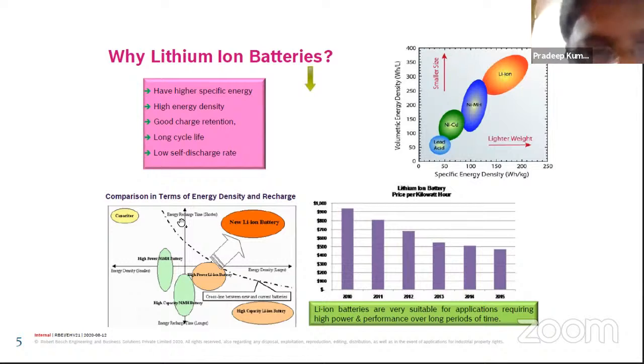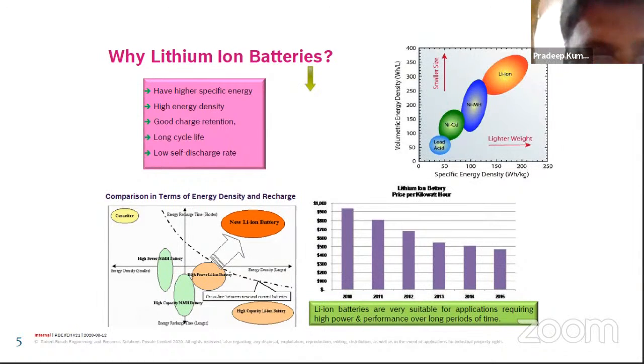Because with the current lithium-ion technology, if you try to fast charge it, the temperature rise inside the battery cannot be handled by the system, and battery failure will happen. Naturally, the number of times you can do fast charging with the current technology is very, very limited.